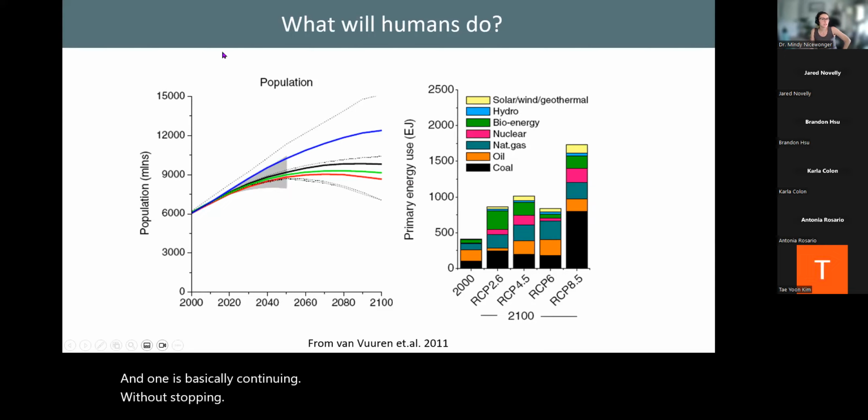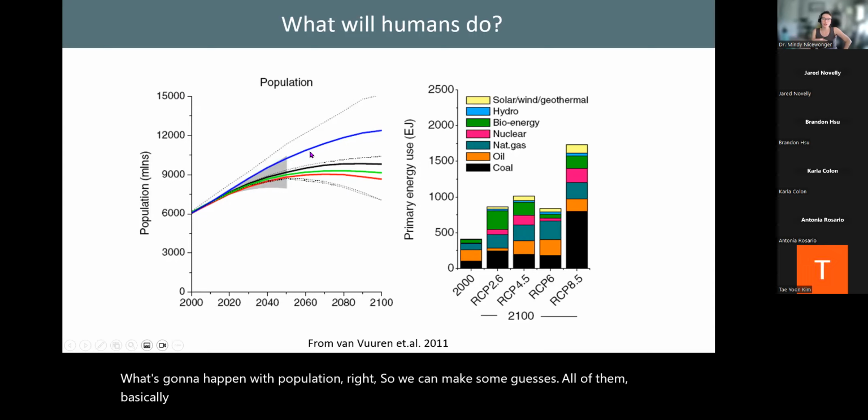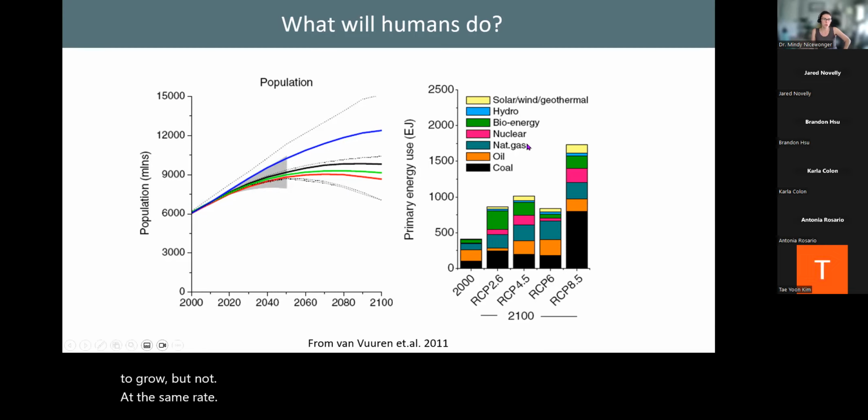So these models, these pathways, include what's going to happen with population, right? So we can make some guesses. All of them basically show a leveling or a slowing down of population growth. The population will continue to grow, but not at the same rate. What type of energy are we going to be using in the future?